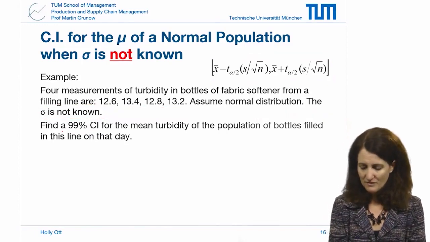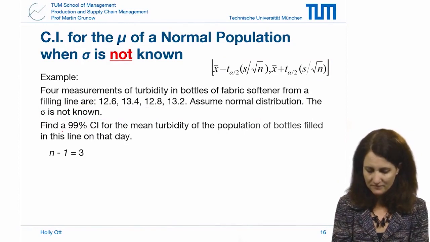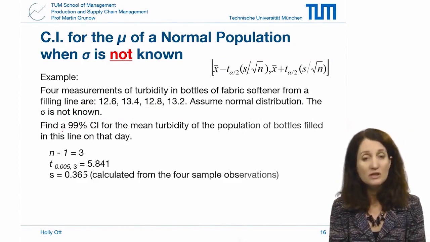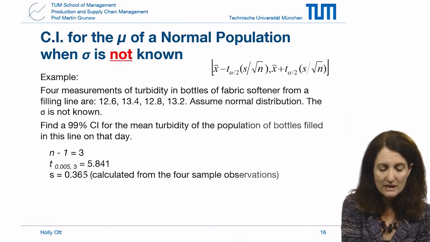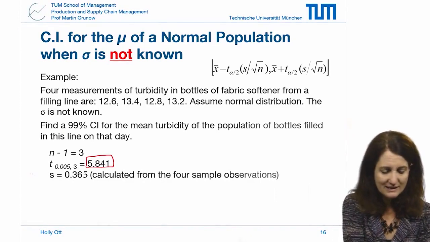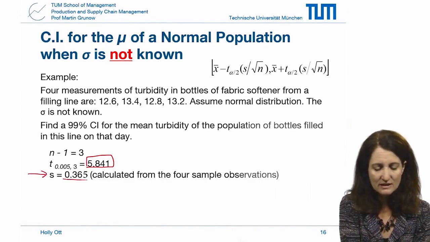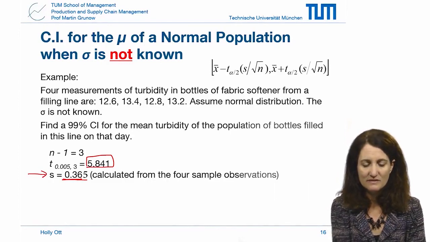How do we come up with a 99% confidence interval? So, n minus 1 degrees of freedom is going to be equal to 3. The T we just looked up for a 99% confidence interval with degrees of freedom 3 is equal to 5.841. And this time we have to calculate S. S is calculated here as 0.365 from these values.